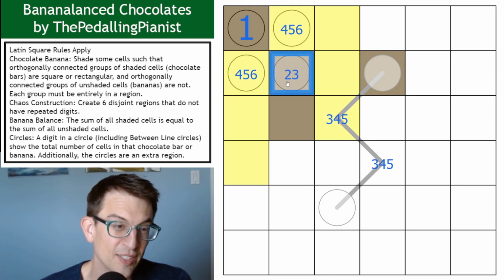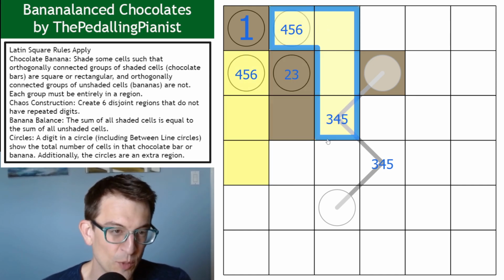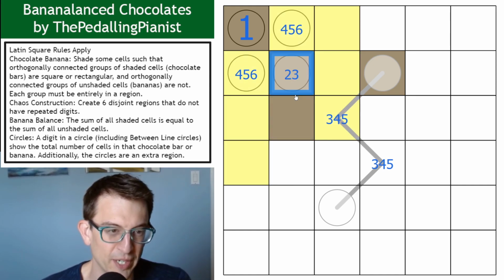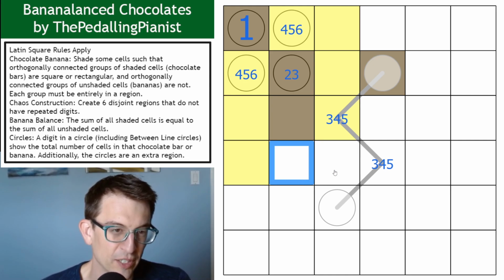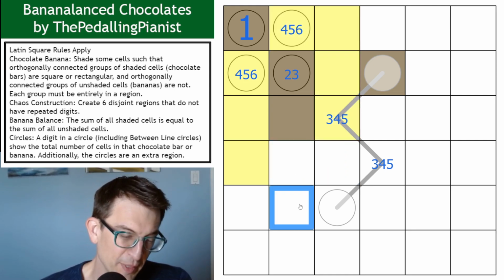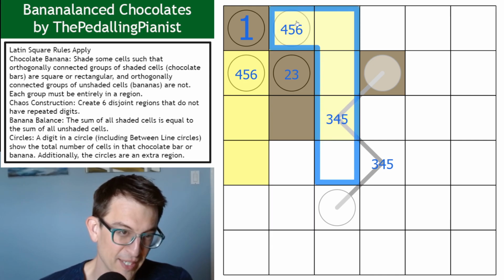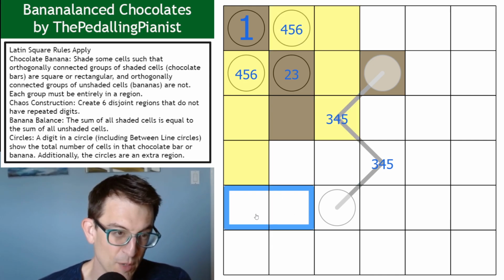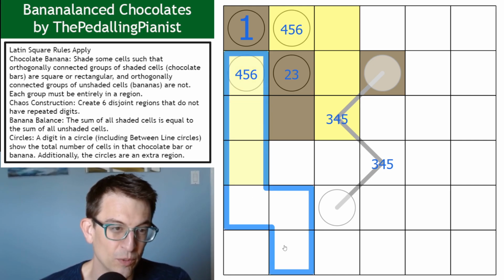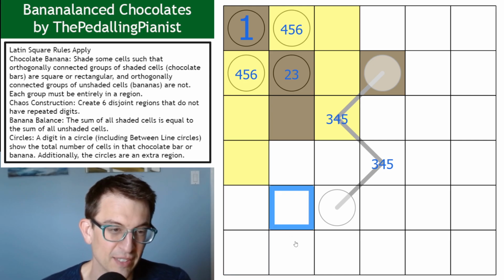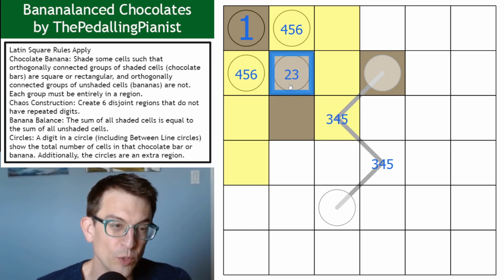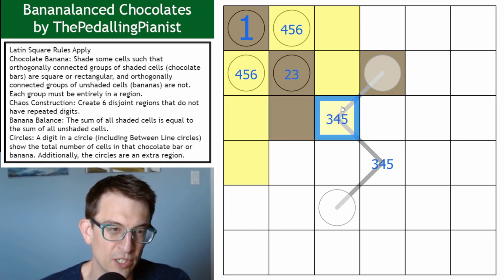But this is going to be surrounded on all sides by these no matter what, I think, right? Because if this is a 3, this becomes chocolate, these become banana, this becomes banana, and this will be connected to this necessarily. This banana will have to connect to this because this has to get to row to column 2 somehow. And I can't do it over here without touching this. So the only bananas this region is going to border are these two.